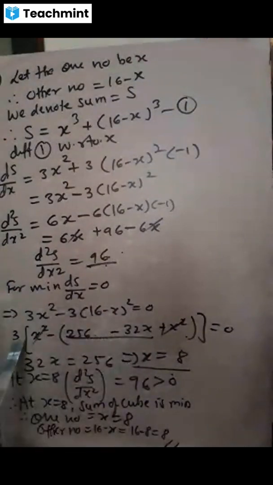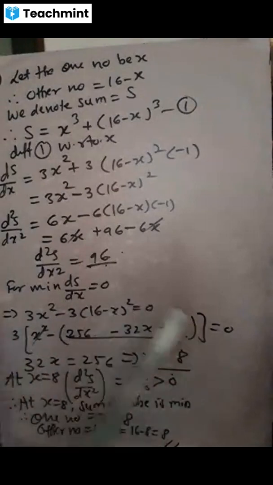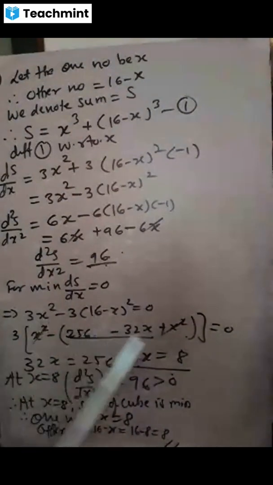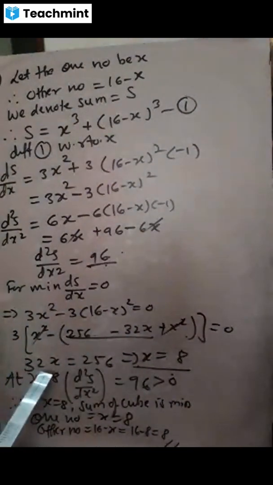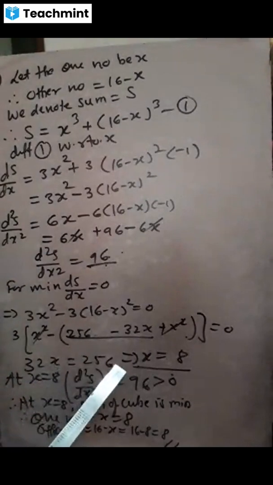Now 3 times this complete expression equals 0, so after opening the bracket the x square also gets cancelled, and the remaining terms give 32x equal to 256, so x is equal to 8.